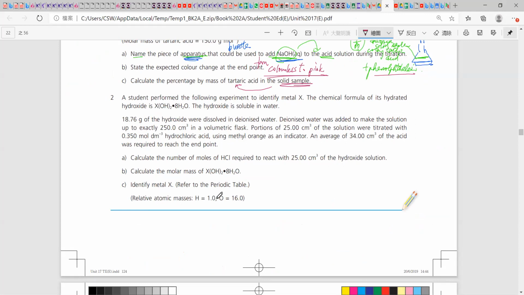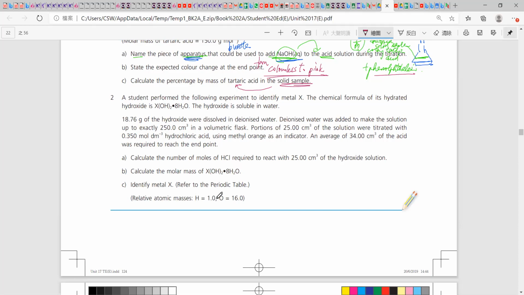It is X(OH)2 dot 5 water. The hydroxide is soluble in water. As common practice, it is dissolved in distilled water to make the solution exactly 250.0 cm cube in a volumetric flask. I extract 1/10 of the portions and titrate it against acid.